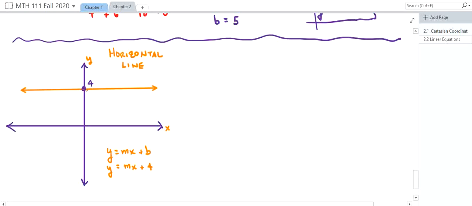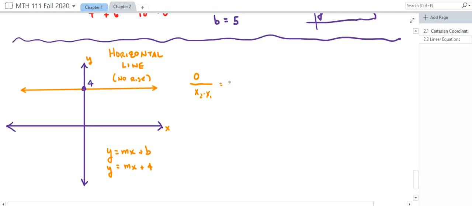Well, our slope has no rise. So it has 0 over whatever our x2 minus x1 is. But there is no rise.